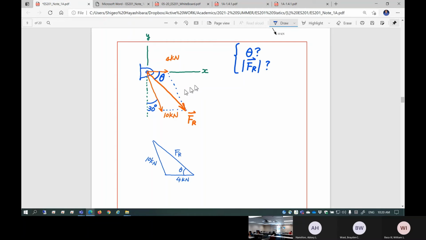Oh, by the way, if this is 30, should the other one be 30? Should the other one be 30 means which one? This? There's a law, isn't there, like an angle law that says if one side is something, the other side should be?